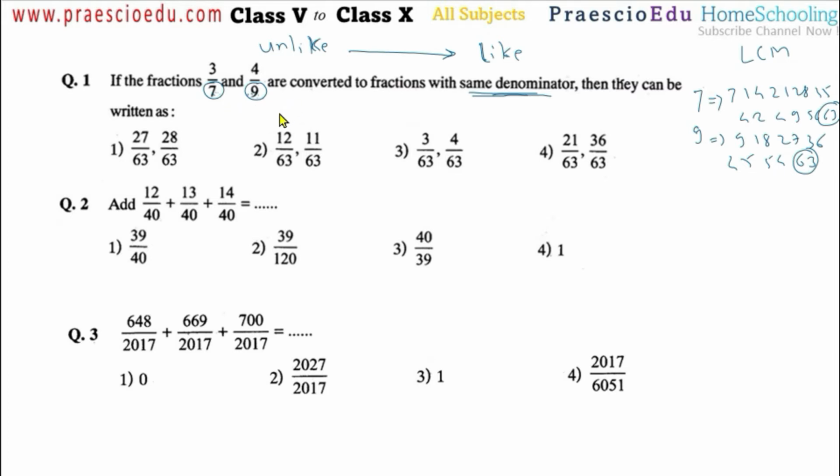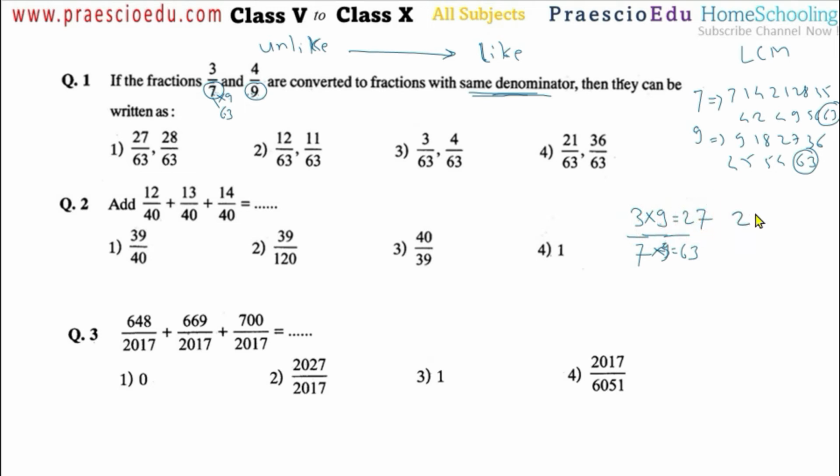To save our time, to make this 63, we have to multiply this 7 by 9. If we multiply 7 by 9, 63 comes as the denominator. So 3 by 7 should be converted to denominator 63, so multiply by this 9. Then only this 63 comes. The same 9 we multiply in the numerator also. So 3 multiplied by 9 means 27.